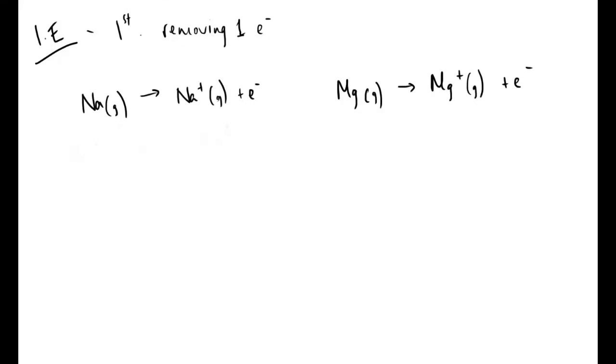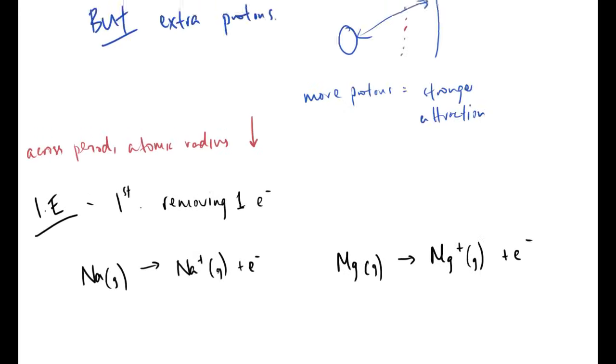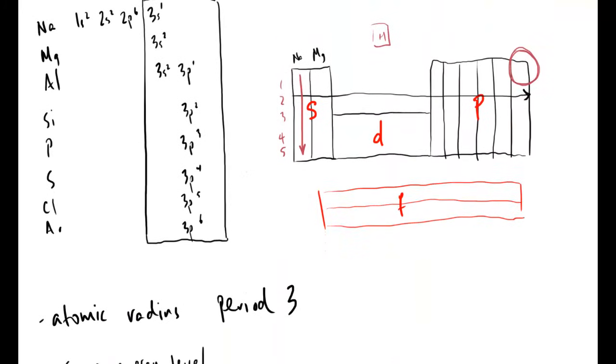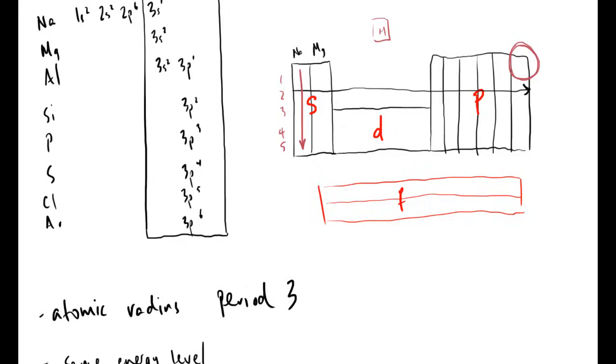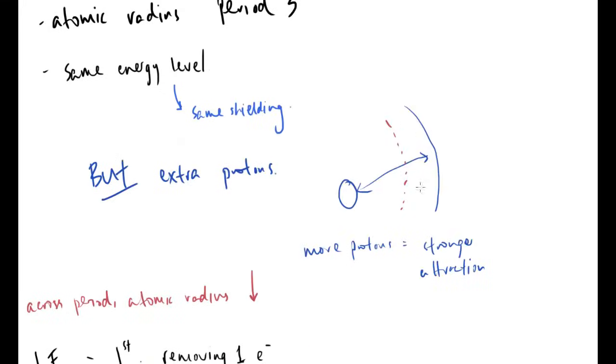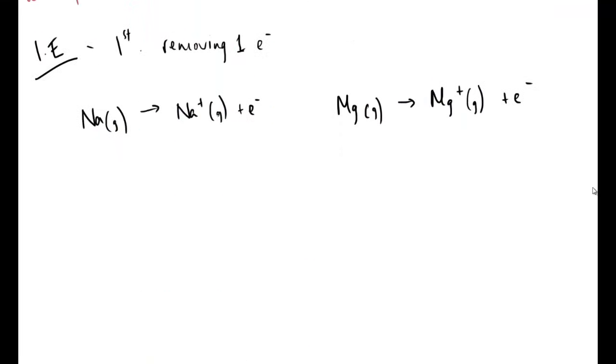So, first ionization energy. Now across the period, what's going to happen? If we go across the period, and our first ionization energy is the energy required to take away the outer shell electron, well, as I said, as you're going across here, we're adding more protons, we've got the same shielding, so those outer electrons are being held more strongly, and therefore it's going to increase.